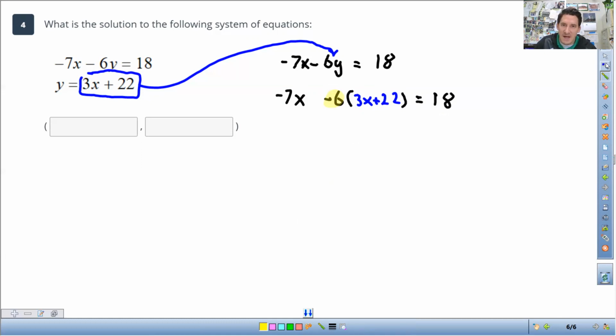Since it's minus 6 here, you are going to distribute a negative 6. Negative 6 times 3x is negative 18x. Bring down the plus sign. Negative 6 times 22 is negative 132.